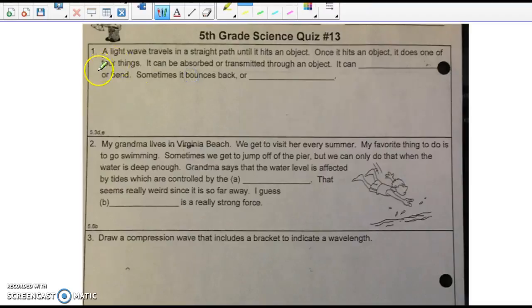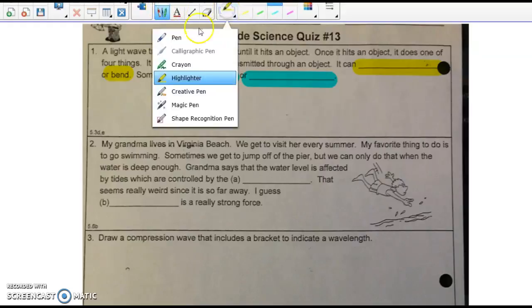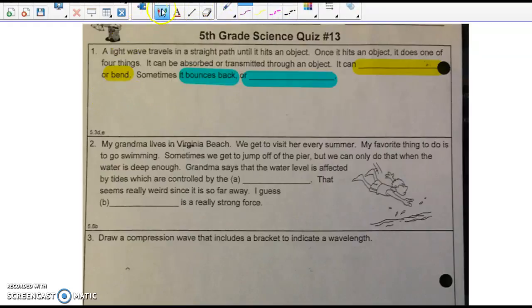Okay, so we're looking for what happens to the light. It can bend, or it can bounce back. I'll give you a couple of choices to help out.